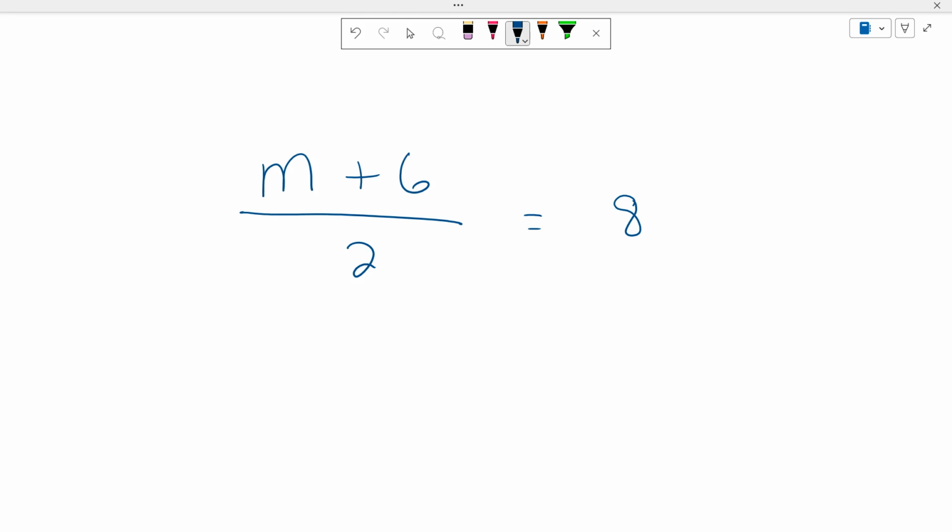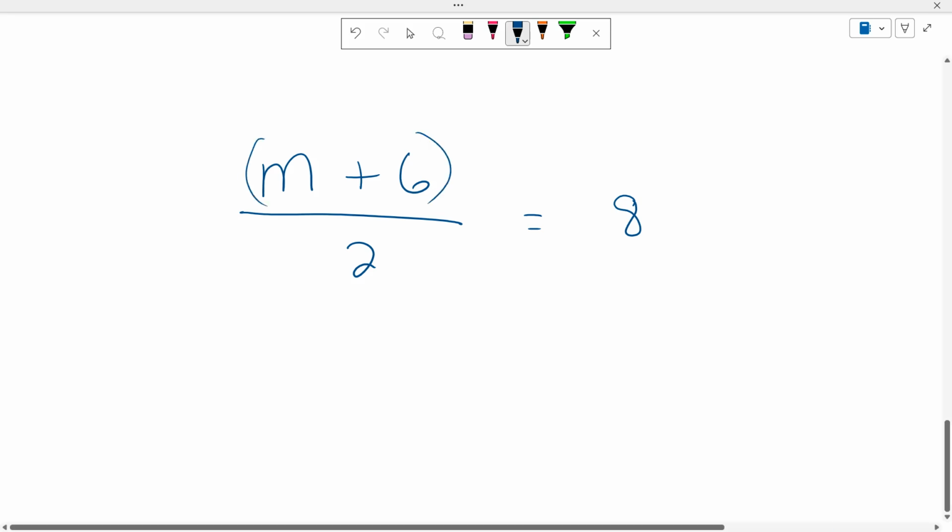So it basically makes parentheses on the top. If you see a big long fraction bar over a number, just put parentheses around the top. PEMDAS says you do parentheses first. So when you solve an equation, you do parentheses last. We do parentheses last.